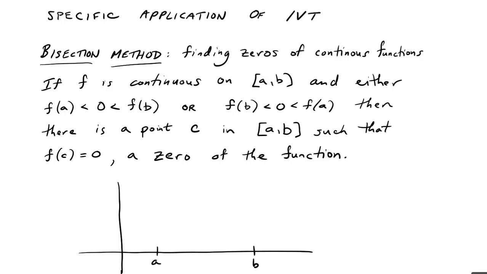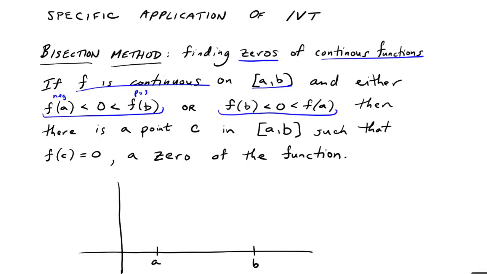So, the bisection method says, it's for finding zeros of continuous functions. It says, if f is continuous on [a, b], and either f of a is less than 0, which is less than f of b, in other words, that f of a is negative and f of b is positive, or f of b is less than 0 and 0 is less than f of a, in other words, f of b is negative and f of a is positive.